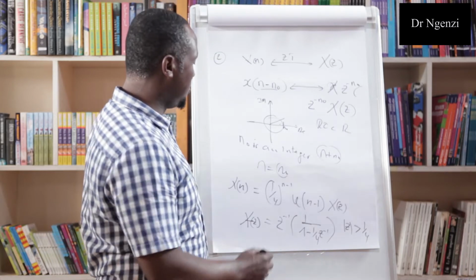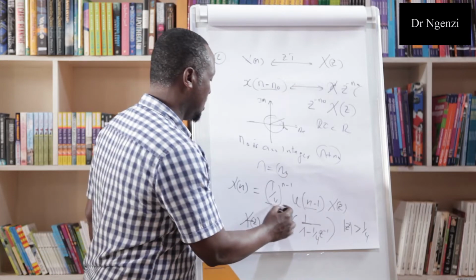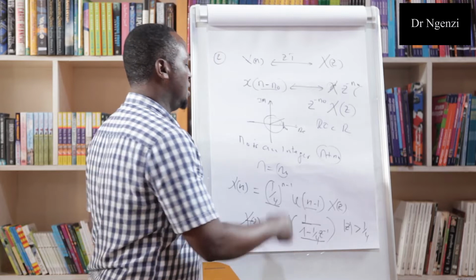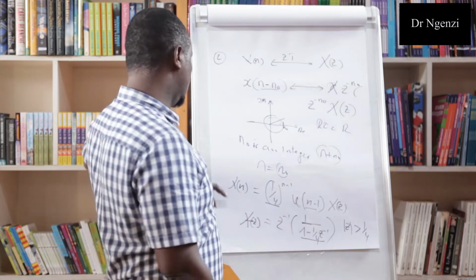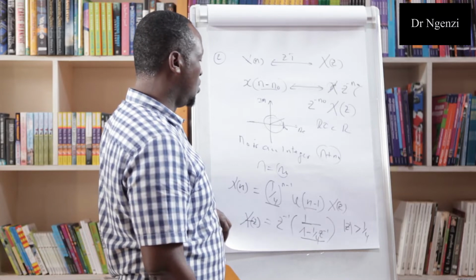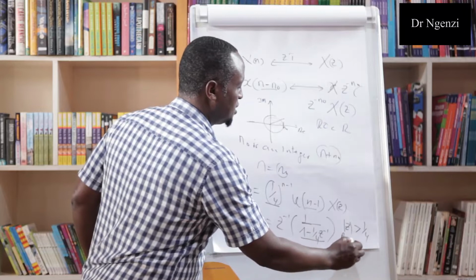So I hope you understand. This one is going to be determined in this case, and this one, when transforming it, is going to be this case. And if you calculate, you are going to get the modulus z, or this is the region of convergence.